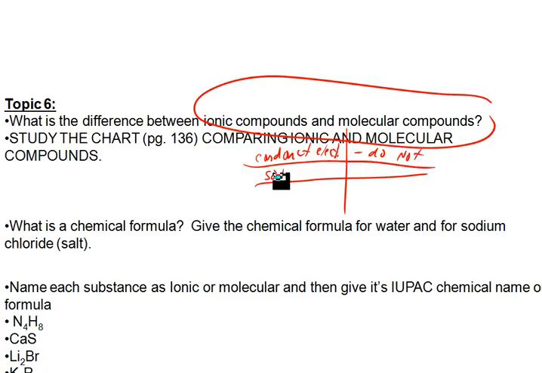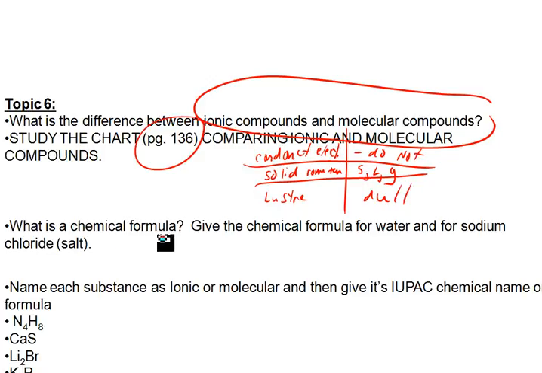Ionic are all solid at room temperature, whereas molecular could be solid, liquid, or gas. Ionic substances tend to be lustrous, whereas molecular tend to be dull. So have a look at page 36 for more of that.